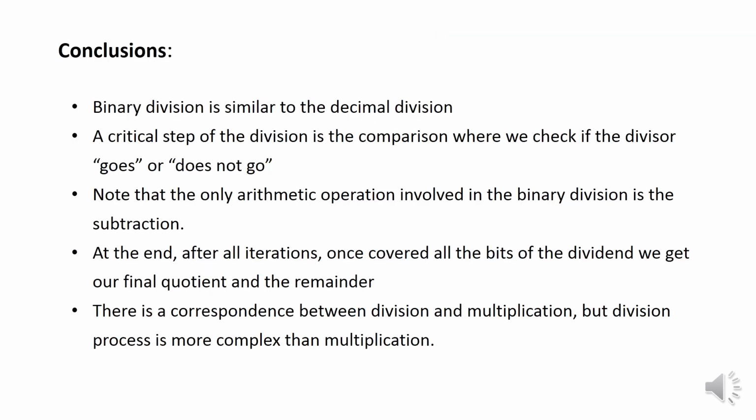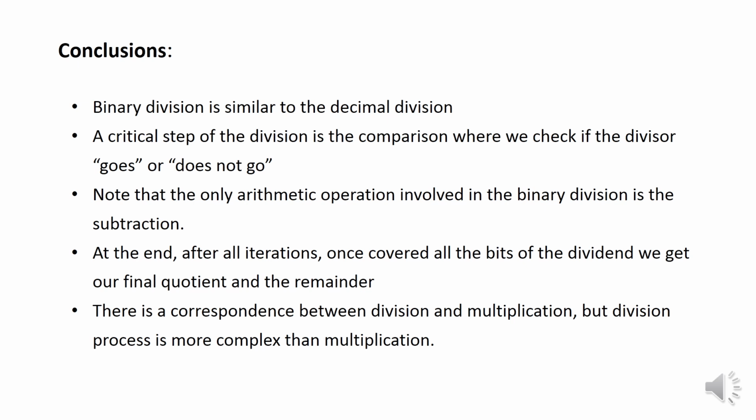In summary, binary division is similar to the decimal division. A critical step of the division is the comparison to check if the divisor goes or does not go. Note that the only arithmetic operation involved in the binary division is the subtraction. Why?